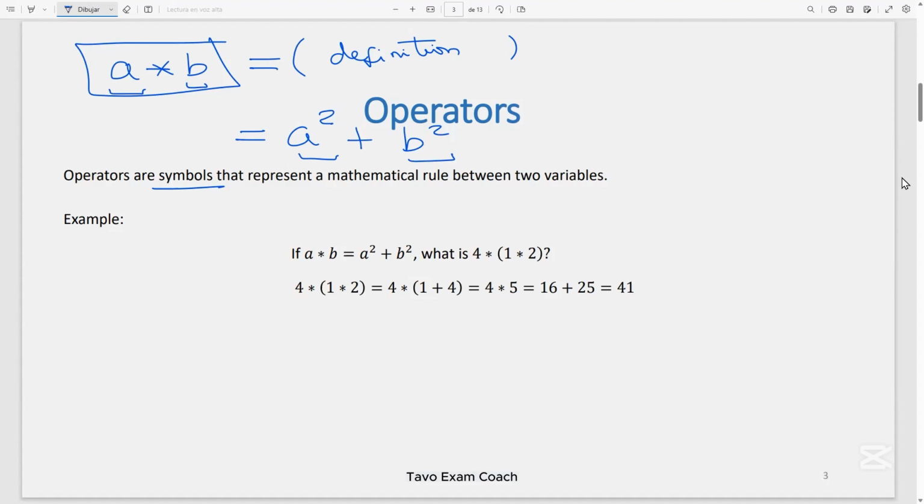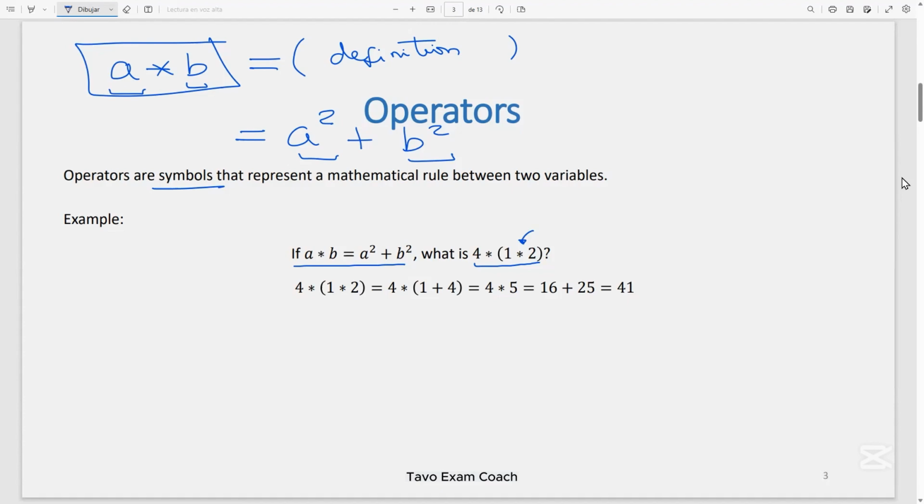So following exactly this definition, what would be the result of doing these operations? 4 asterisk 1 asterisk 2. Well, we can simply use the definition each time the symbol with a special meaning appears. The most interior operation must be done first.